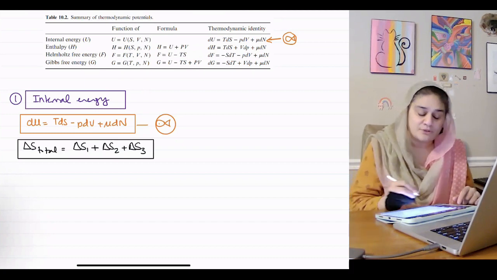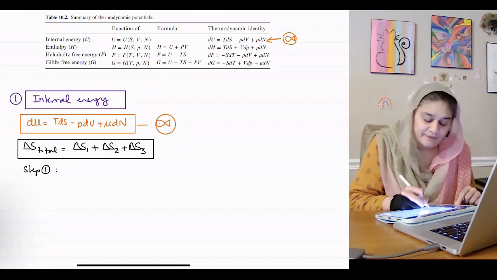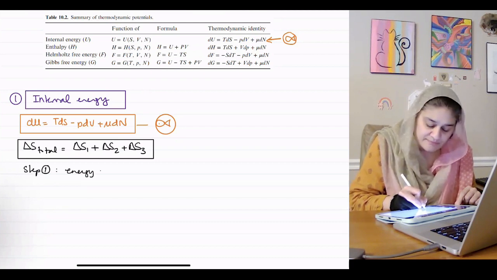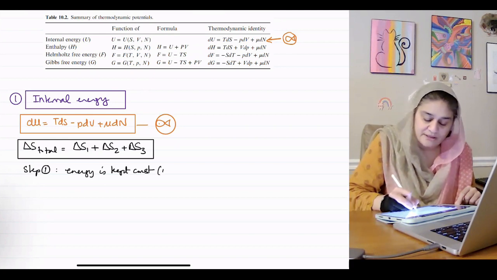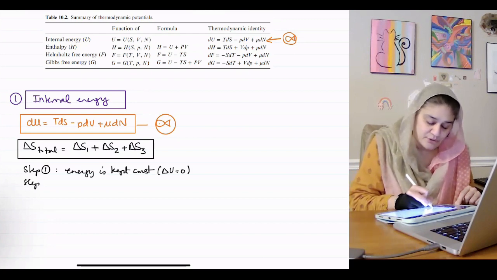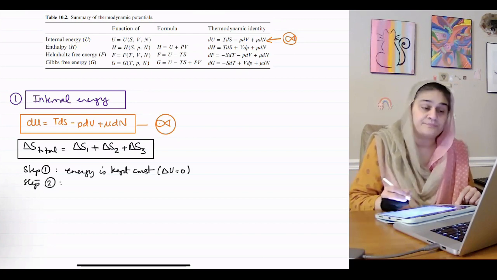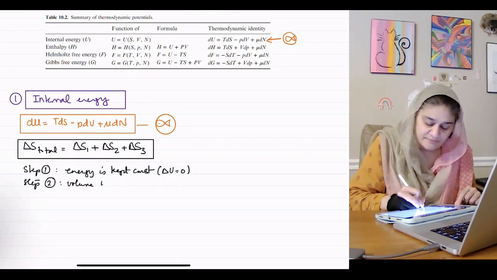where during step 1, energy is kept constant. That means delta U equals 0. During step 2, my volume is kept constant.